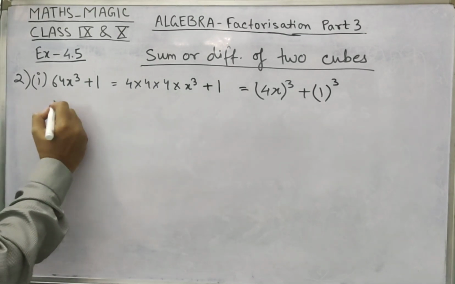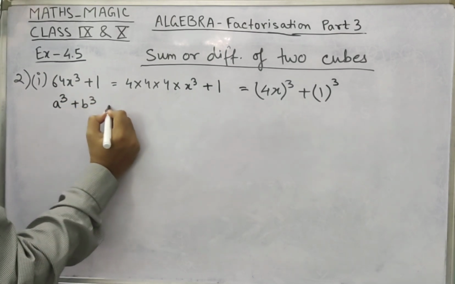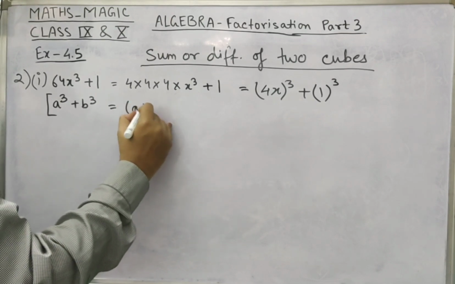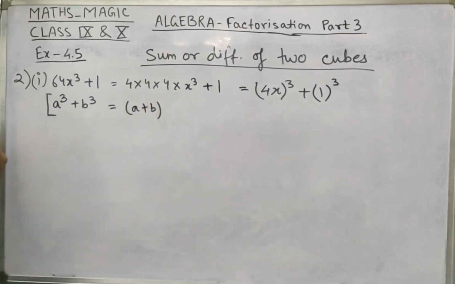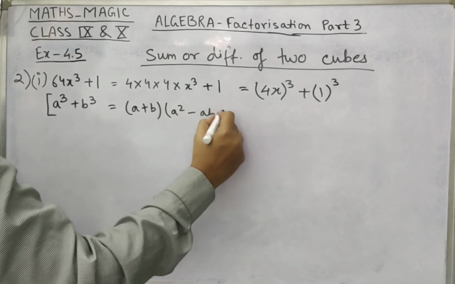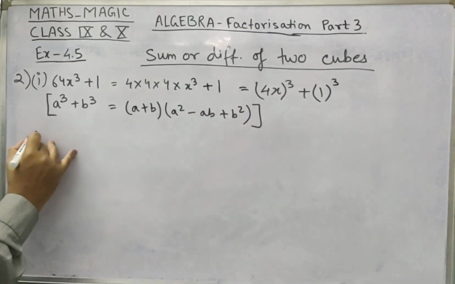Now what is the formula? A cube plus B cube equals A plus B, and then A square minus AB plus B square. So this is what we are going to apply for this one.